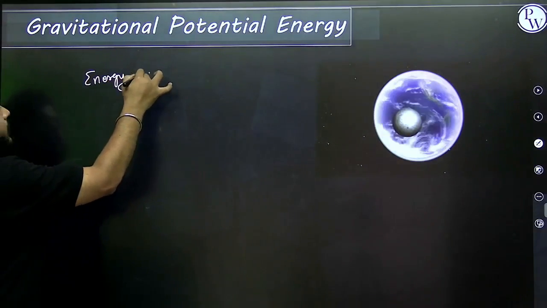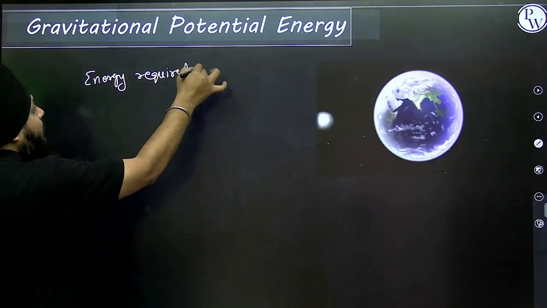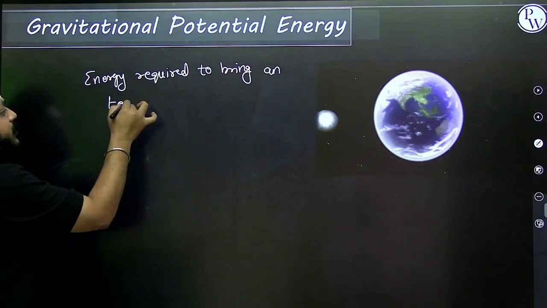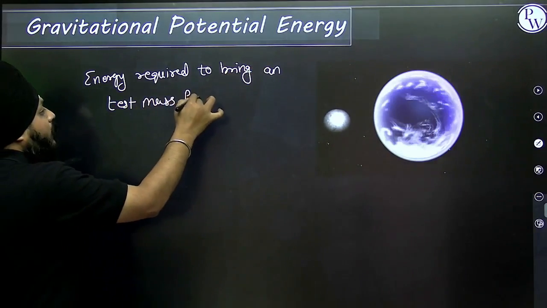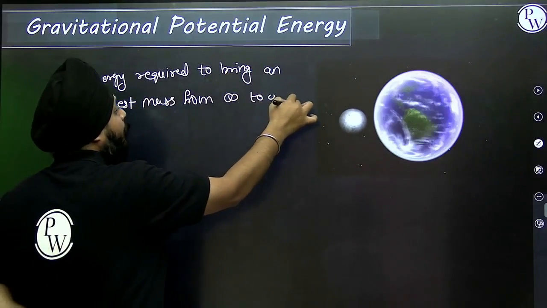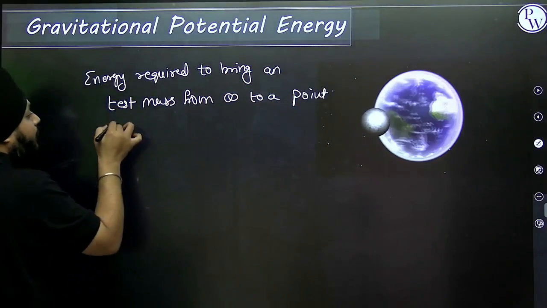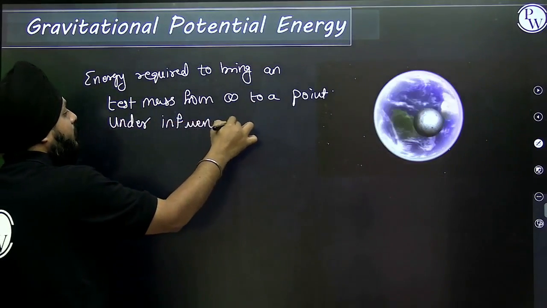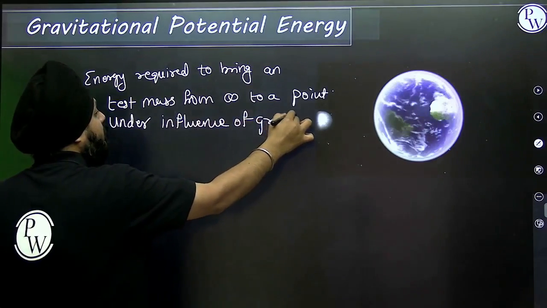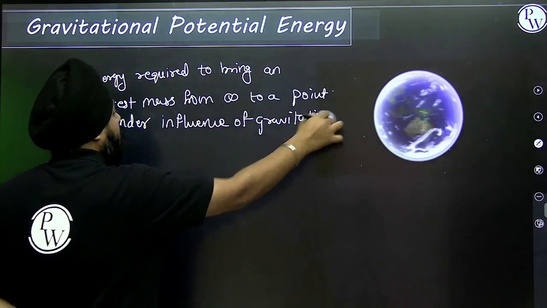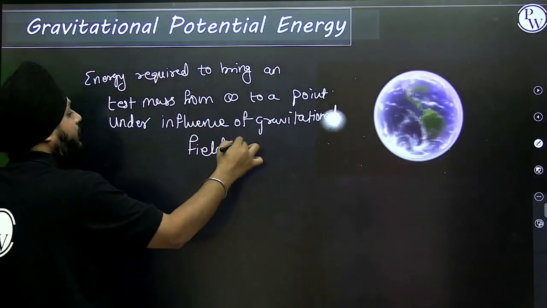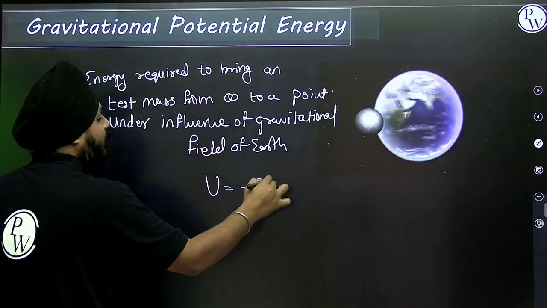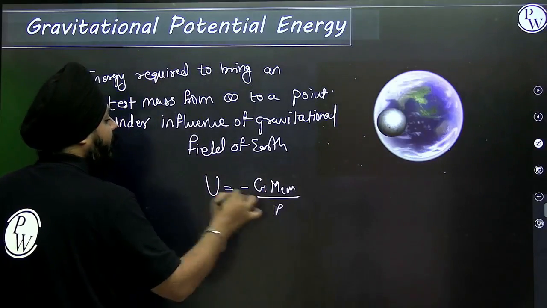The energy required to bring an object, a test mass, from infinity to a point in the field of the Earth is the gravitational potential energy, and it is G times the mass of the Earth times the mass of the object, divided by r.